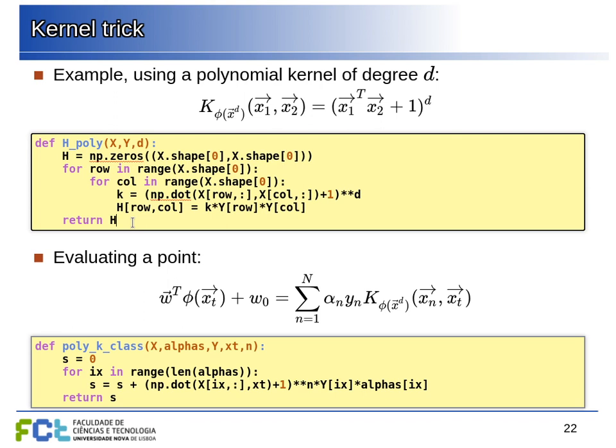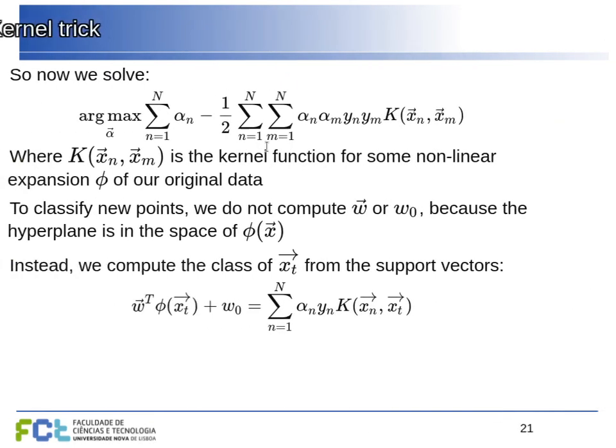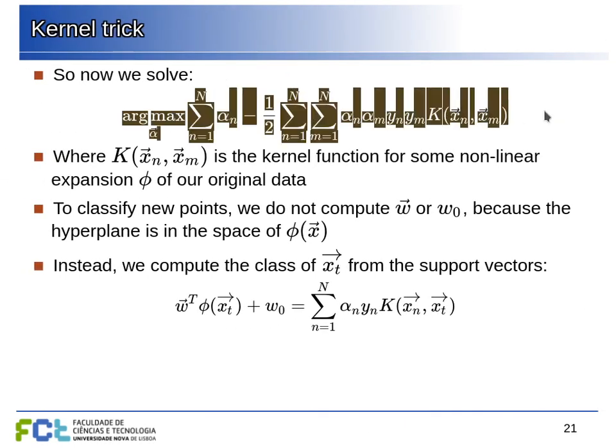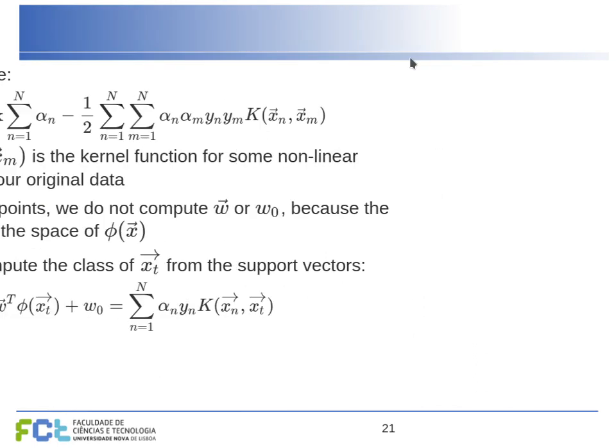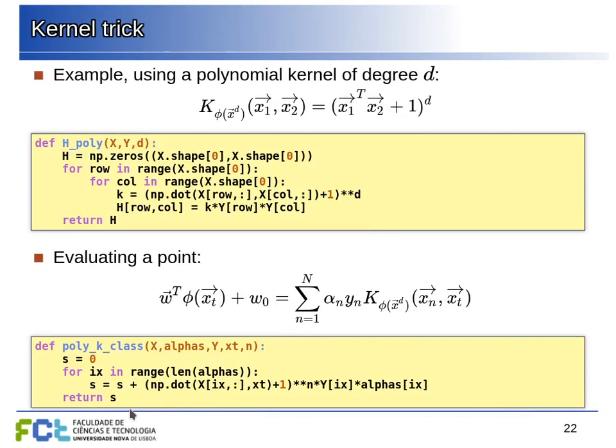So now we could just solve the same expression for the support vector machine. So this maximization here in order to obtain the alphas. And then we would store the support vectors.